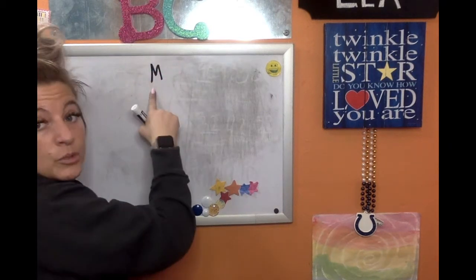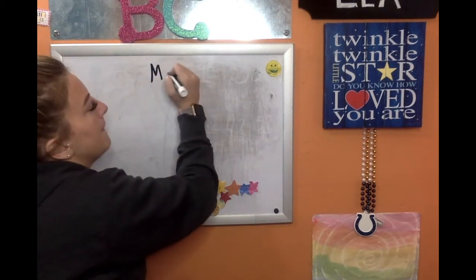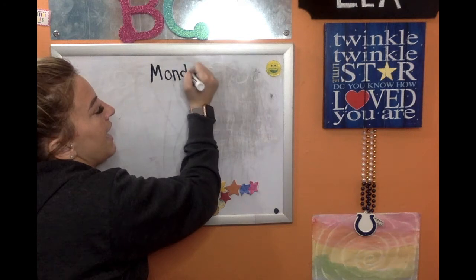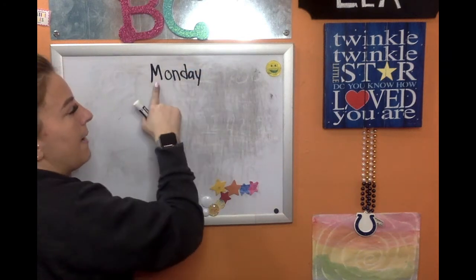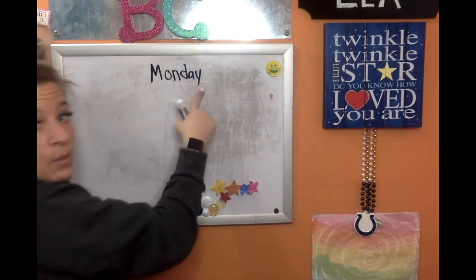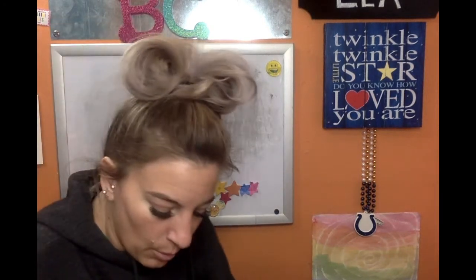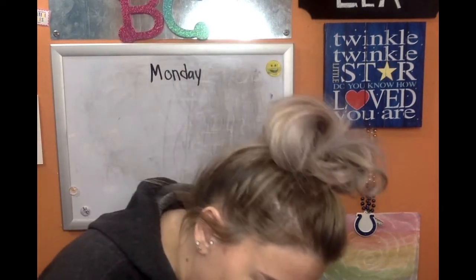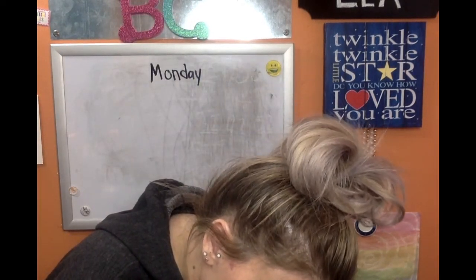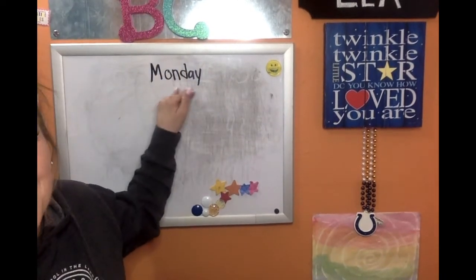M. Remember we do a capital because it's a day of the week? M-O-N-D-A-Y. So write Monday on that line. Awesome! You guys are so good. I think I had my head in front of the word so they couldn't see it. Let me move over. There we go.